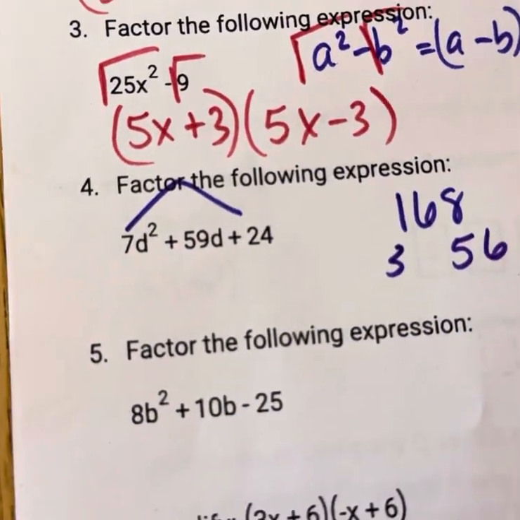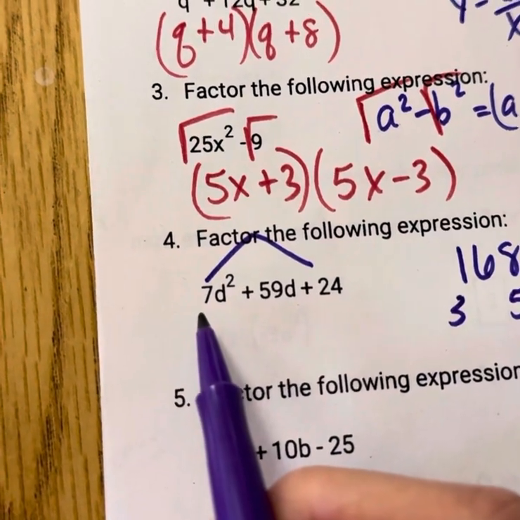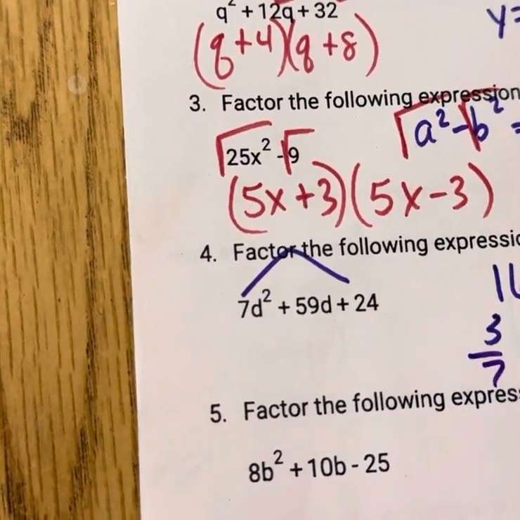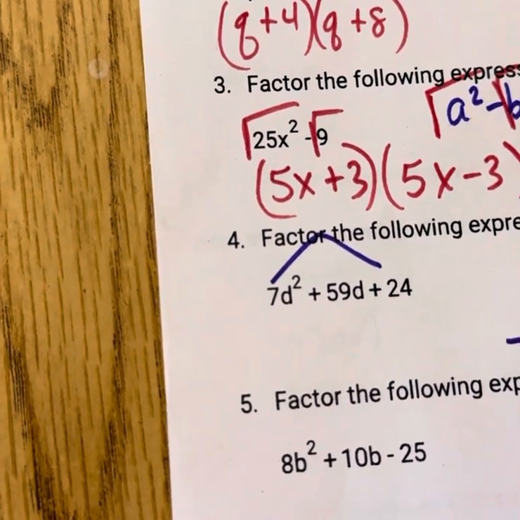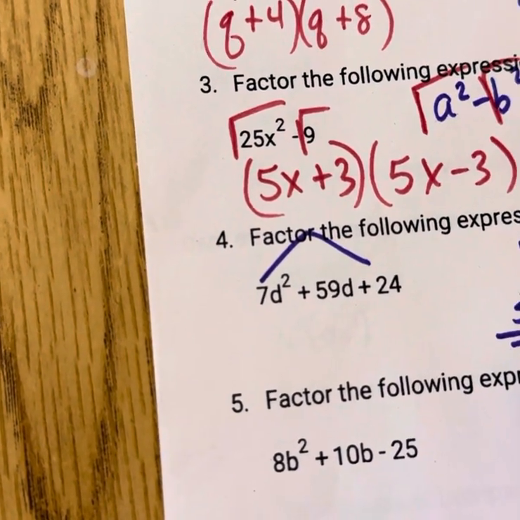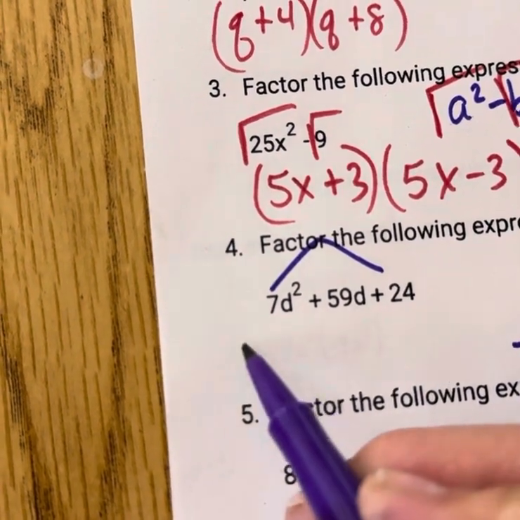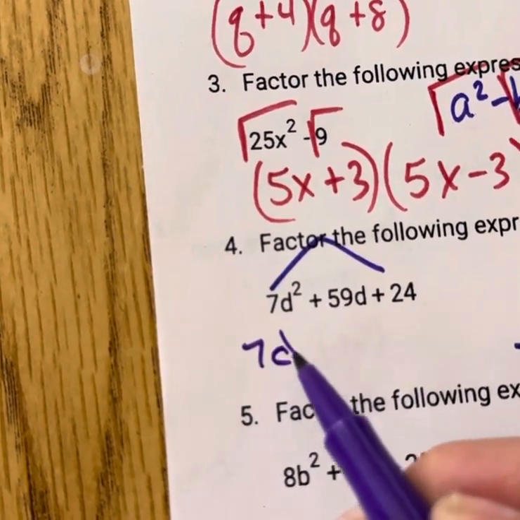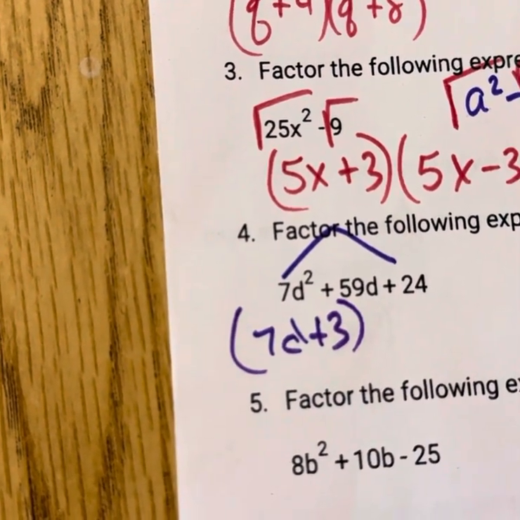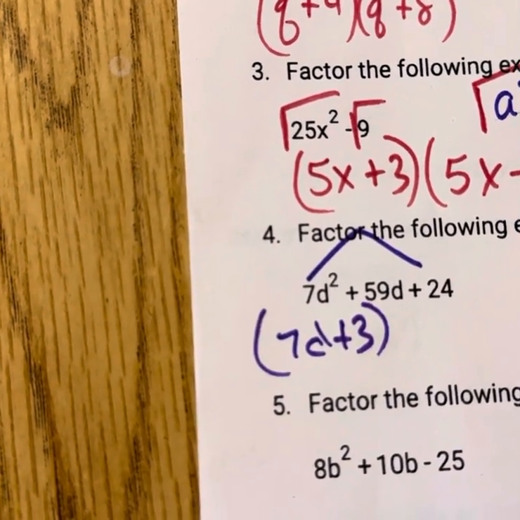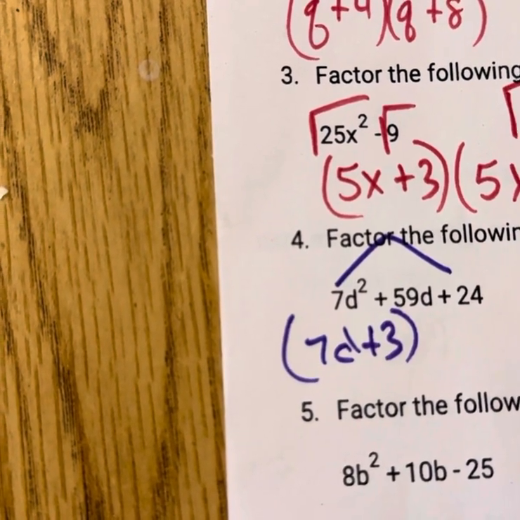And so then you take the 3 and 56, you take the 7 and you divide by it. And so 7 of course doesn't go into 3 and it's not reducible. So that number goes out front. So it's going to be 7D plus 3. And 56 divided by 7 is 8.